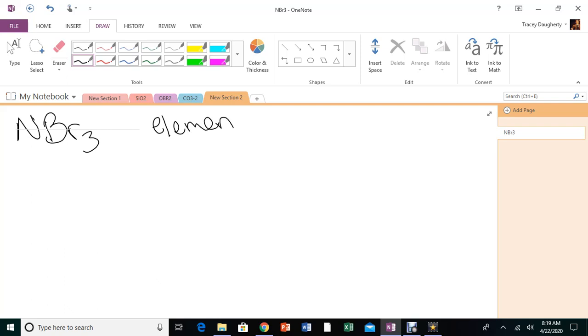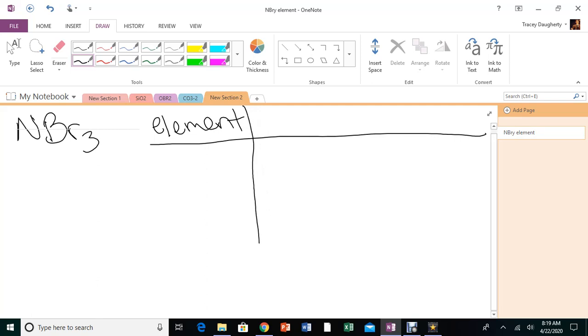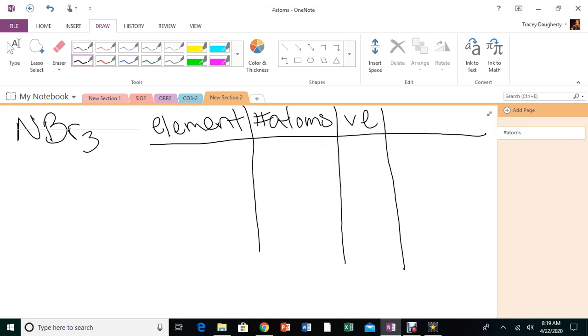So we have element, number of atoms, valence electrons, and your total.